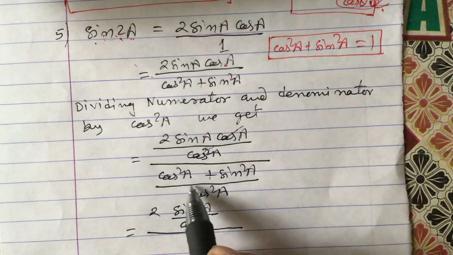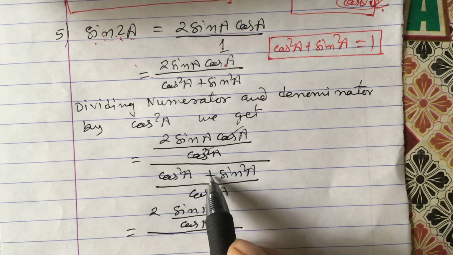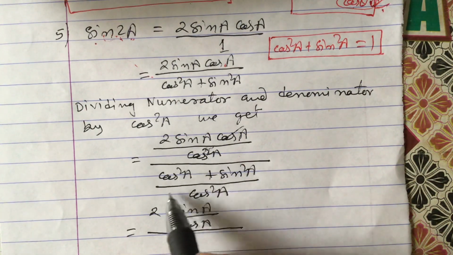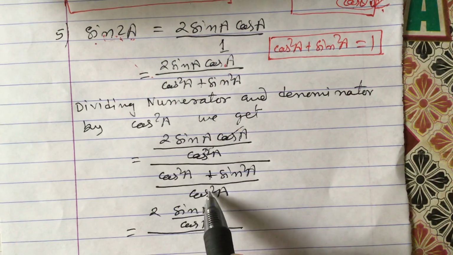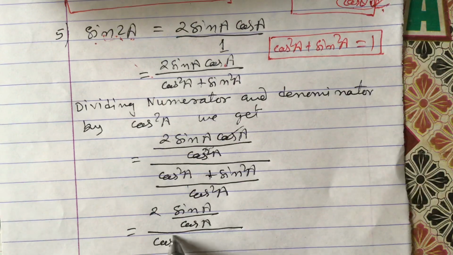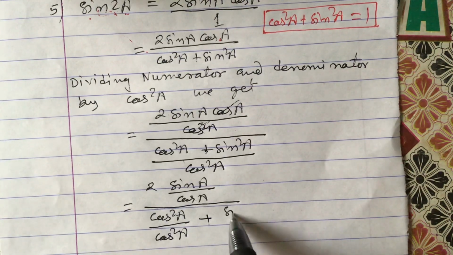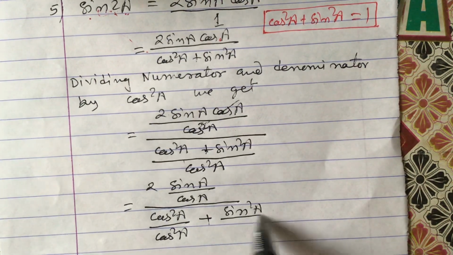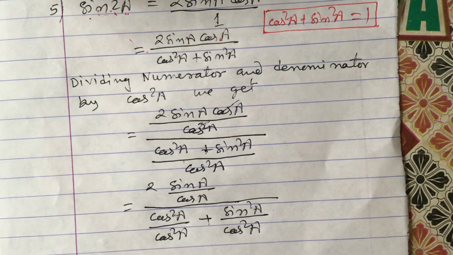Divided by, now here there is plus. So we cannot cancel this and this. Since there is plus, if here is multiply, then cos square, cos square you can cancel. But here is plus, so we cannot cancel. So what we have to do? We have to separate the terms. Now look here: cos square A by cos square A plus sin square A divided by cos square A. In this way we can divide now.